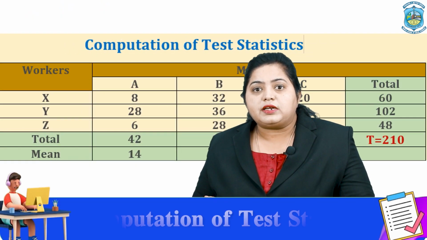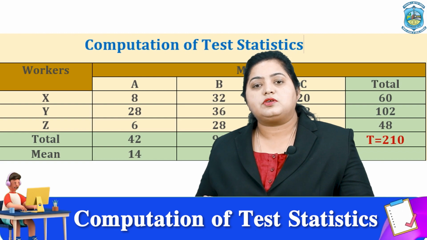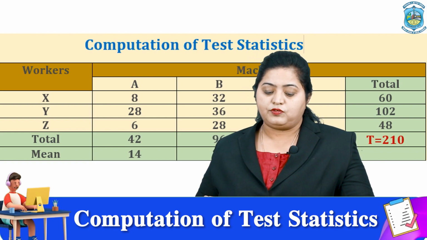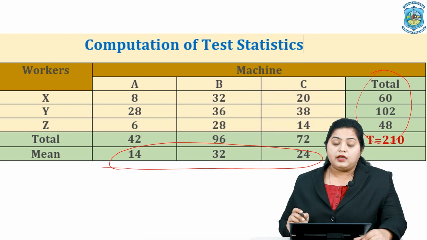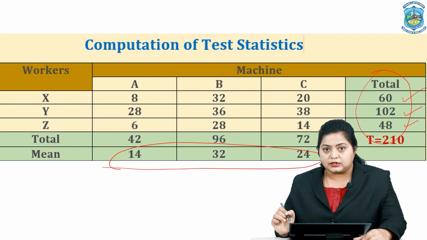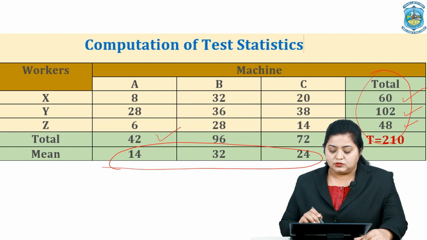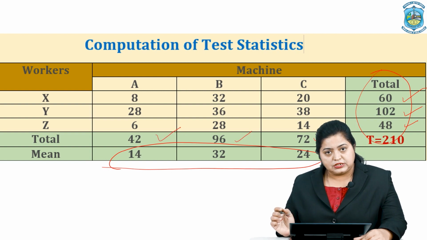Now the second working rule for ANOVA two-way classification is the computation of test statistics. For this problem we have to total the horizontal values, that is for the workers, and total the vertical values, that is for the machines.